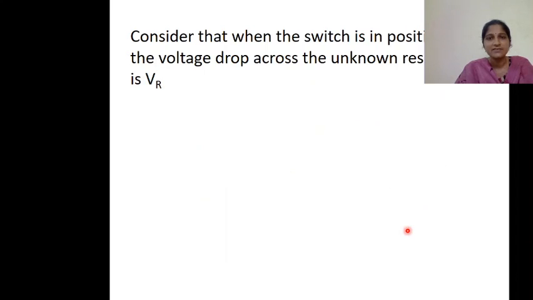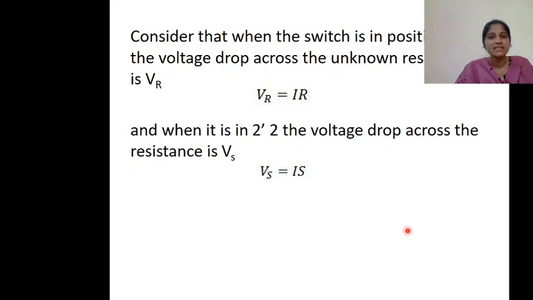Now consider the equation VR is equal to IR and Vs is equal to IS. Now divide these two equations. So that means VR divided by Vs is equal to IR divided by IS. This I gets cancelled. VR by Vs is equal to R by S. So R is equal to VR by Vs into S. Here VR is measured when the potentiometer is connected to position 1, and Vs is measured when the potentiometer is connected to the resistance S. And S is the standard resistance value which is already known.